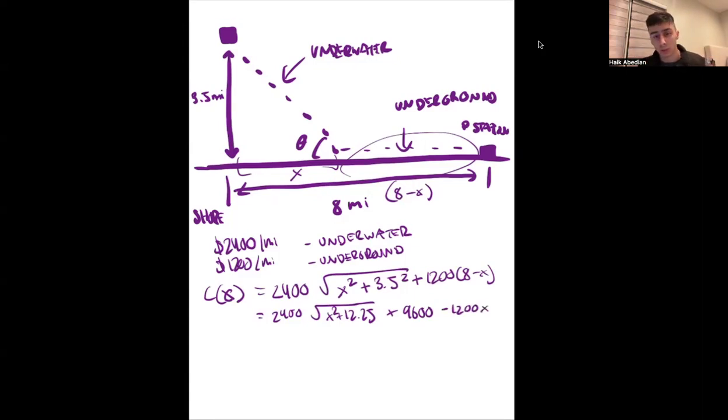The question's not asking for this function, it's asking for the derivative, which gives the minimum, because we want to find the lowest amount. So let's set up the derivative.